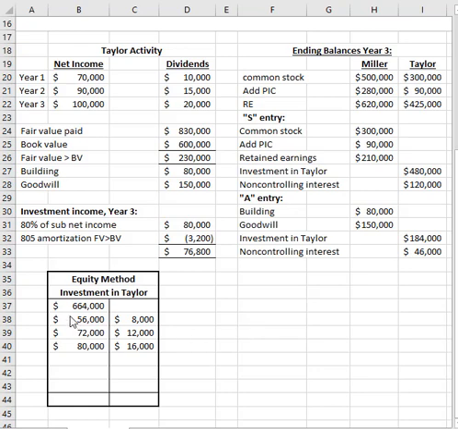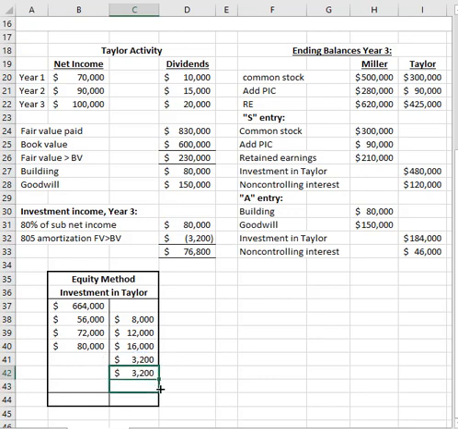All right, so the investment account went up by the net income. It goes down by the dividends, but it's also going to go down by their share of that 4,000 that's being amortized of the 80,000 excess of fair value over book value on the building. So the 80,000 divided by the 20 years times 0.8. And that's going to happen 3 times.